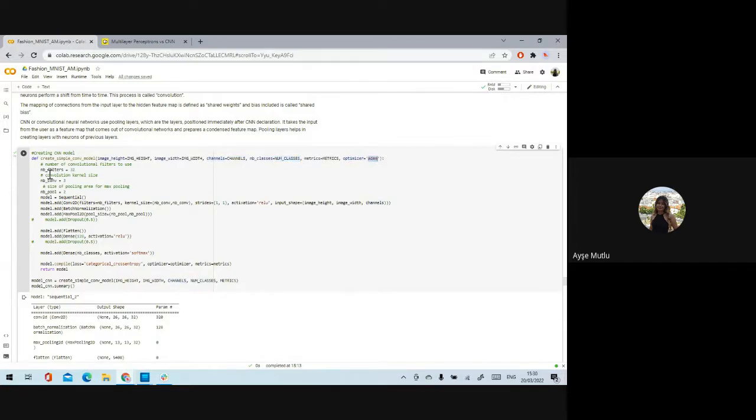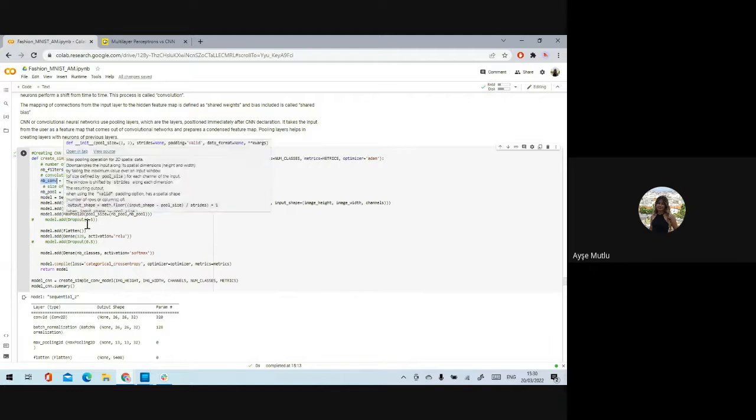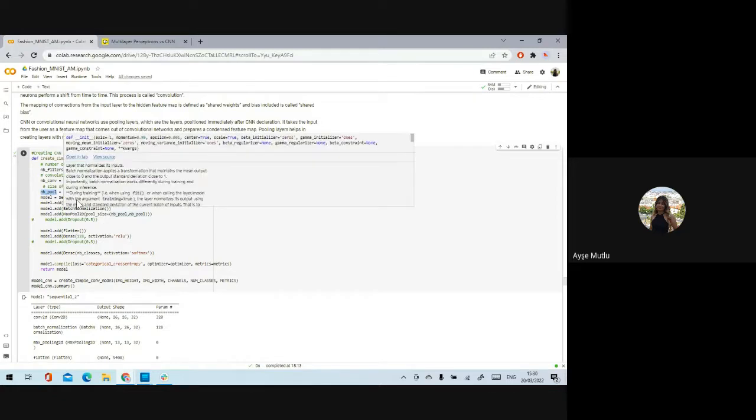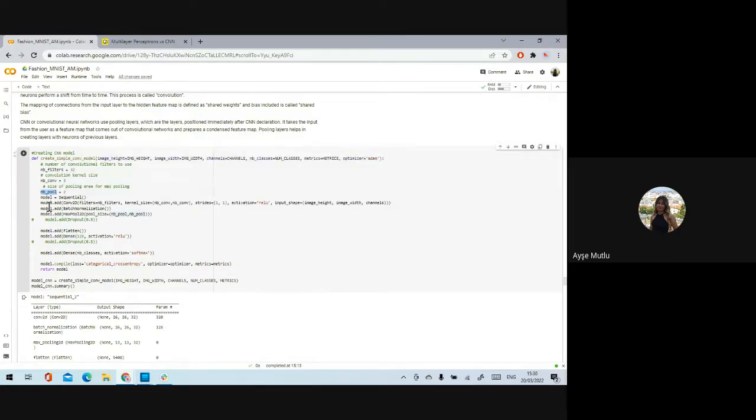These are the default parameters. First, we define the number of convolutional filters, which is 32. Then we define the kernel size, which is 3. We also define the pooling area for the max pooling, which is 2. Then we instantiate the model with Sequential.